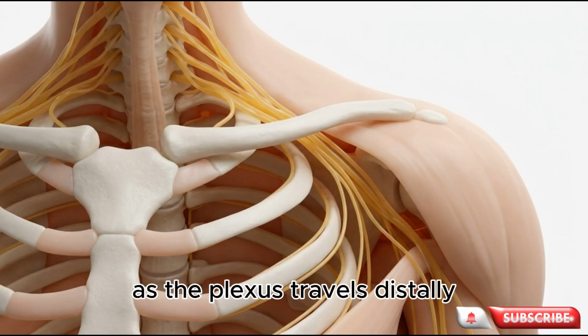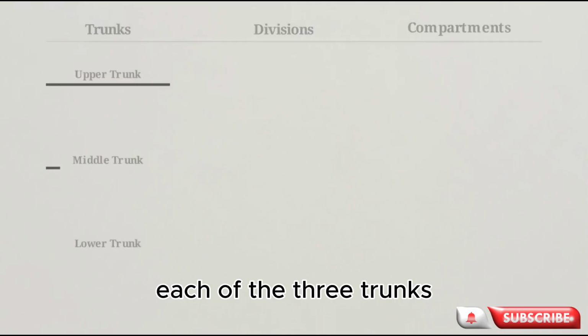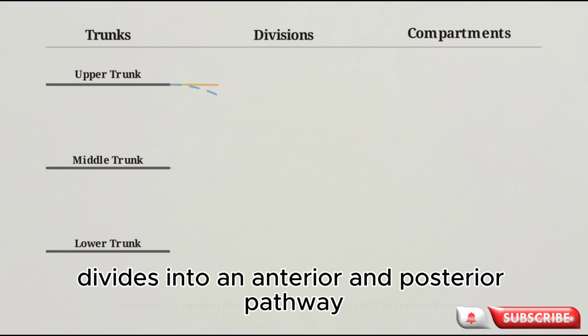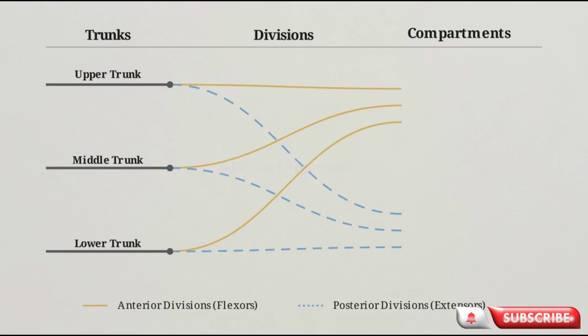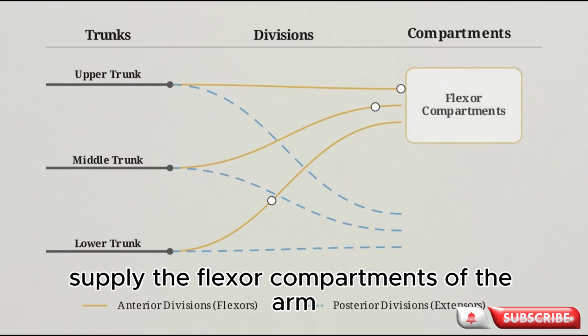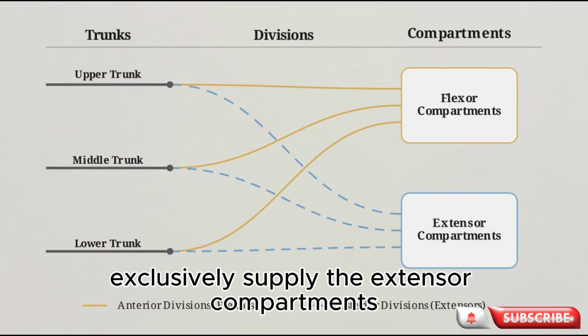As the plexus travels distally, it descends behind the clavicle. Each of the 3 trunks divides into an anterior and posterior pathway, yielding 6 distinct segments. The 3 anterior divisions supply the flexor compartments of the arm. Conversely, the 3 posterior divisions exclusively supply the extensor compartments.